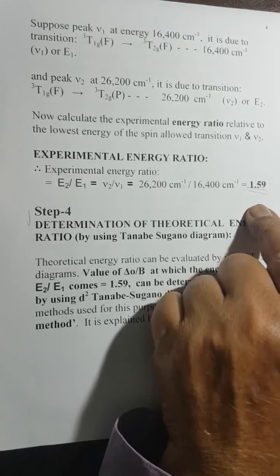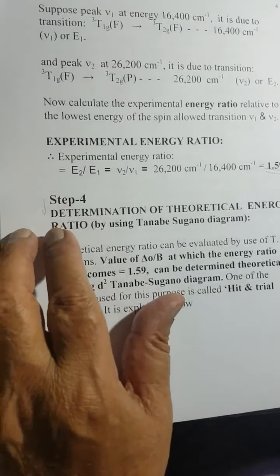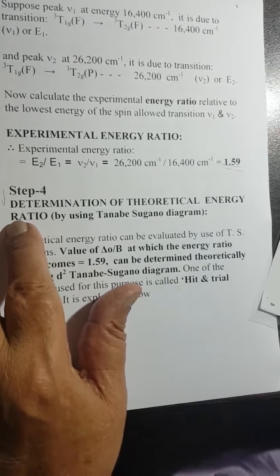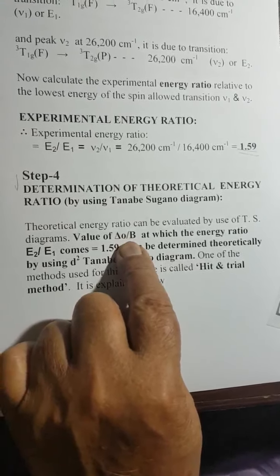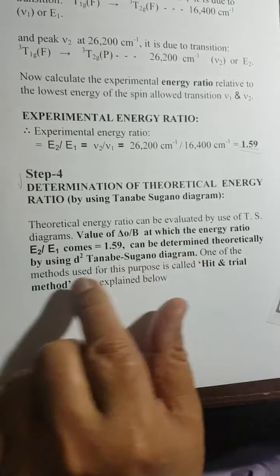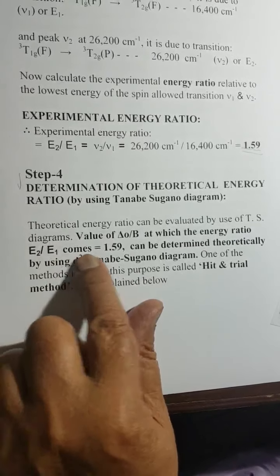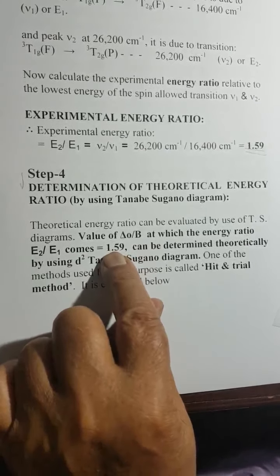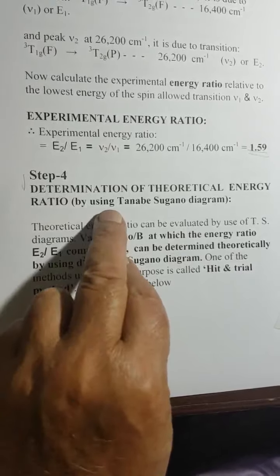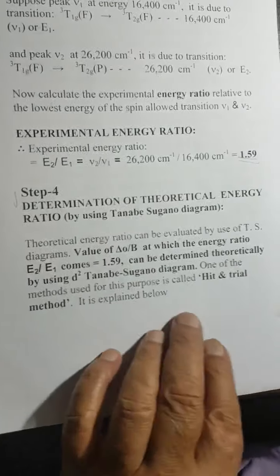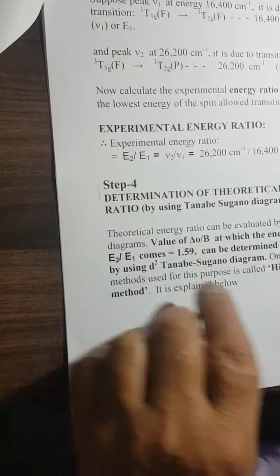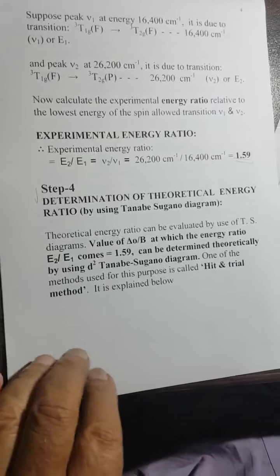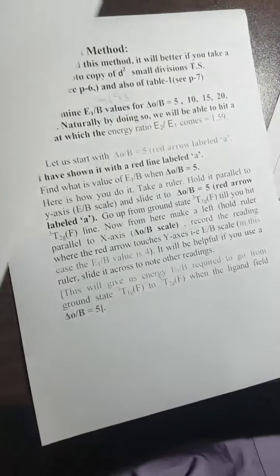Now, with the help of the Tanabe Sugano diagram, we have to find out delta octahedral over B, the value at which the energy ratio E2 over E1 comes equal to this. That was experimental; this will give us the theoretical value.